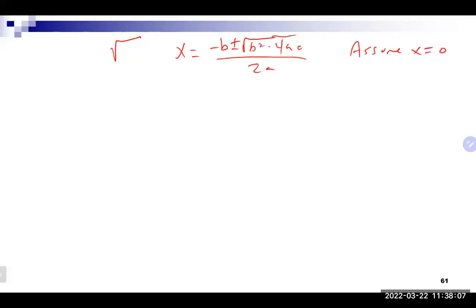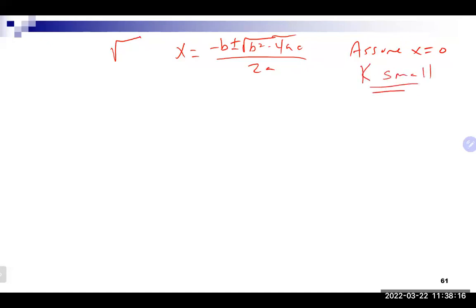One, we had a situation where we had a perfect square. We had a situation where we did have to use the quadratic to solve it. And then we also saw a situation where you can assume that x is equal to 0. Remember that you can assume that x is equal to 0 only in a case where your k value is small.